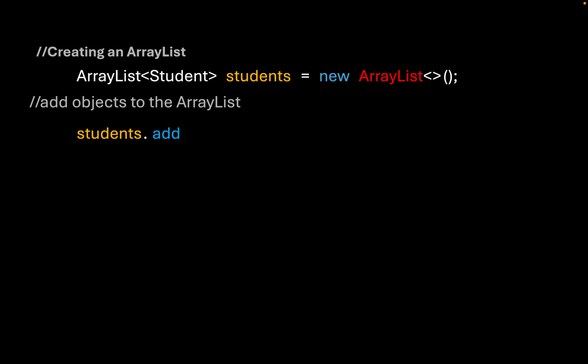Now what we need to provide here in this add, inside the parameters, we need to send the object that we want to add. So we need to create the object first, then it will be added. So when we create an object, what do we do? We'll use new, isn't it?